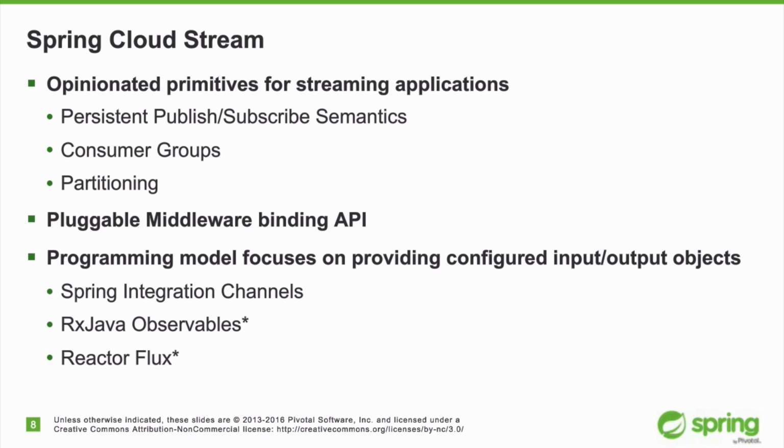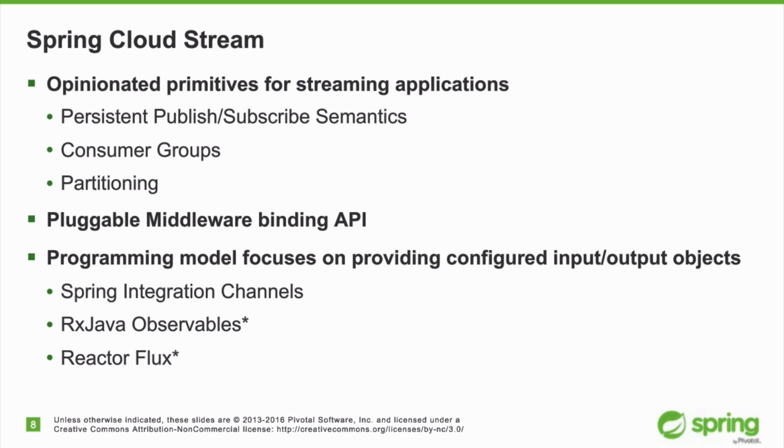And the features that are supported through this model that we've made as a common model across the various implementations of this abstraction are, as I mentioned earlier, really based on the Kafka model. So you have publish-subscribe semantics with consumer groups. A single publisher can write to a topic, and you can have multiple consumer groups downstream from that topic.